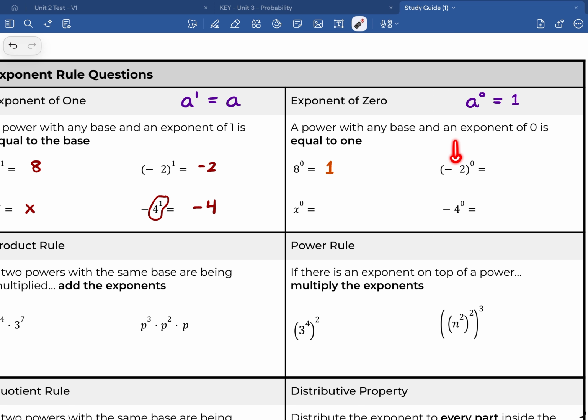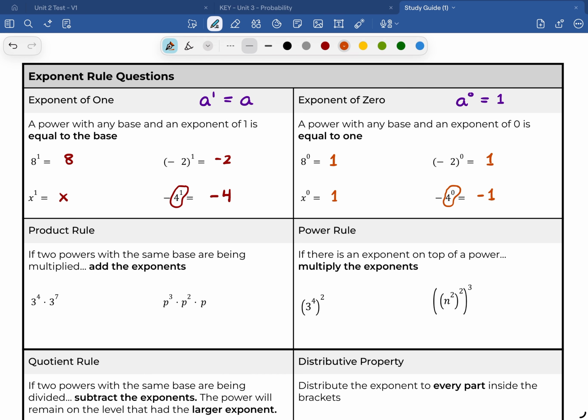So in this case, our base itself is negative, but we still get 1 overall. X to the power of 0 is 1. Our base is a variable, but it's still to the power of 0. Where we have to be careful is with this floating negative. Is we say, okay, 4 to the power of 0 is 1, but we have this negative sign out front, so we need to throw that in front of our answer. So what we're really looking at is -1.